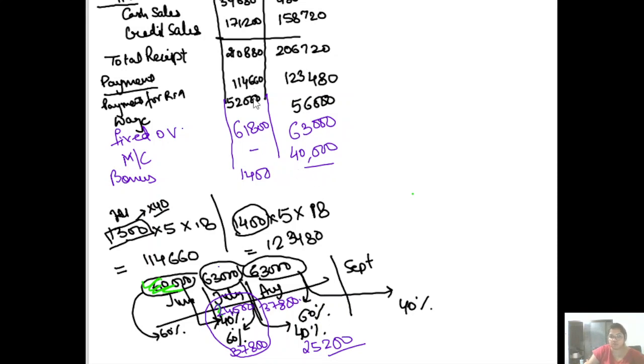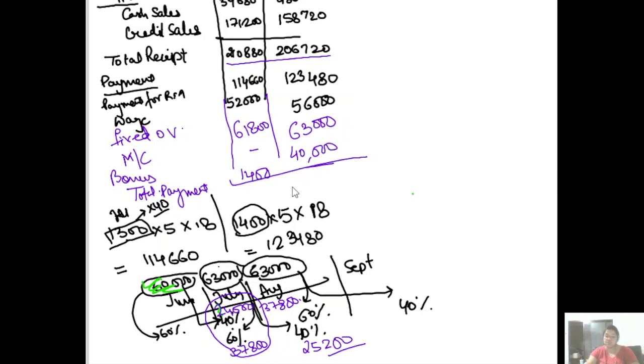Now, out of this information, what you're going to do is find out the total receipt and the total payment.